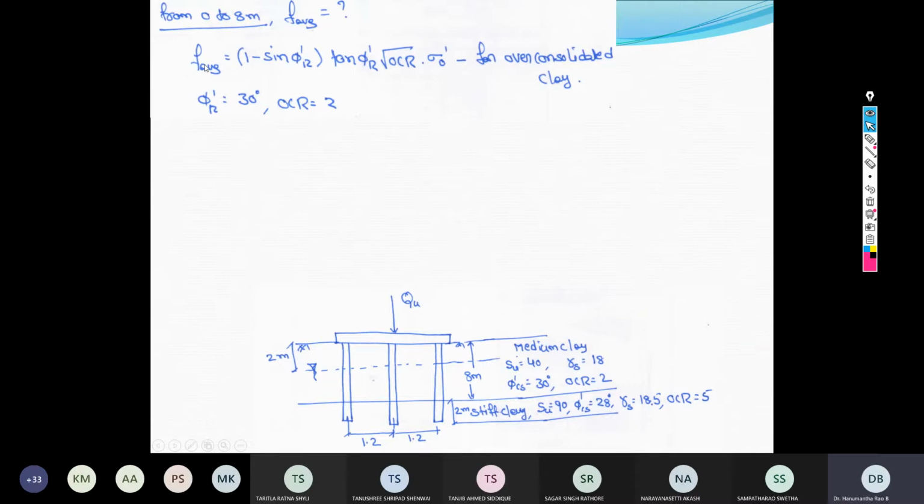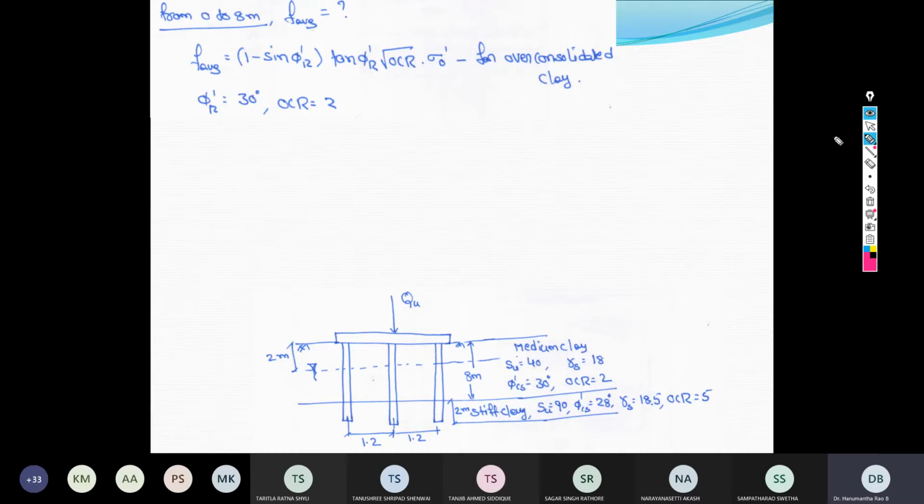The equation for unit skin friction is K into tan phi dash into sigma naught dash. But since this is over consolidated clay, just refer to your handouts. The equation for K is (1 minus sin phi dash) into square root of OCR, the over consolidation ratio, multiplied by sigma naught dash.